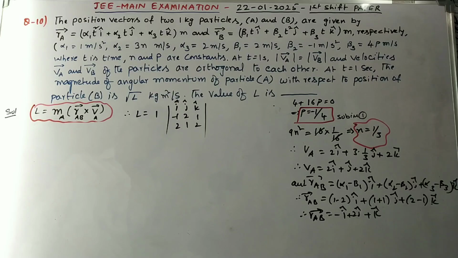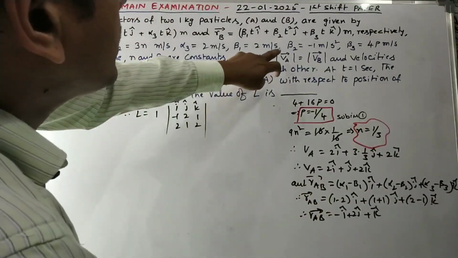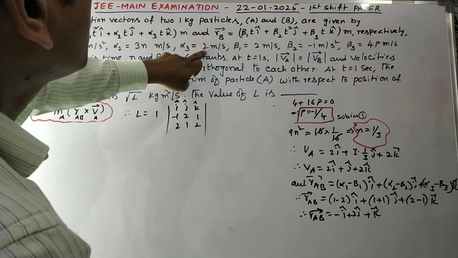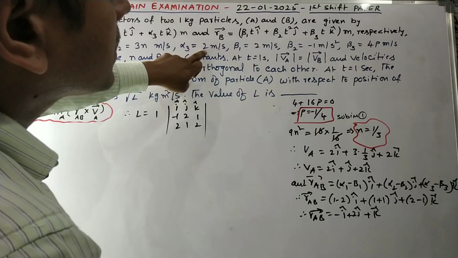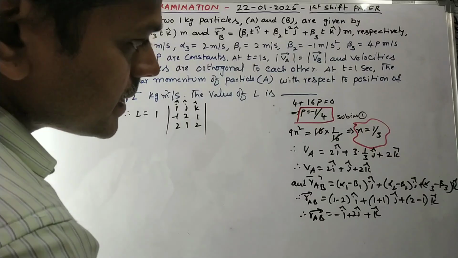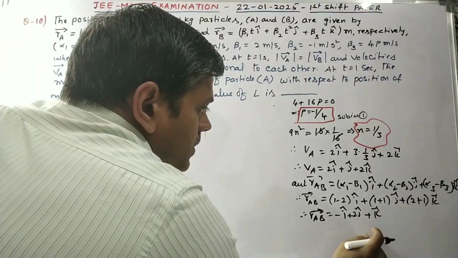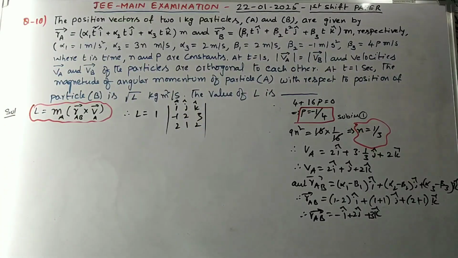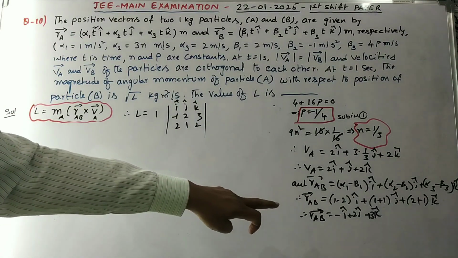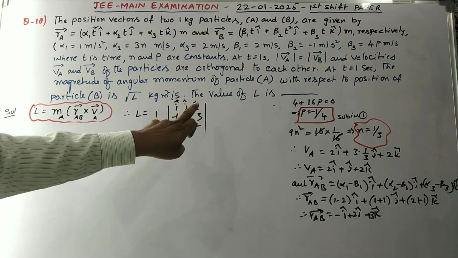This is also alpha 3 minus beta 3. Alpha 3 is equal to 2 minus beta 3, that means minus minus plus, so it gets 2 plus 1, 3, that means 3k. So RAB is equal to minus 1 2 3.